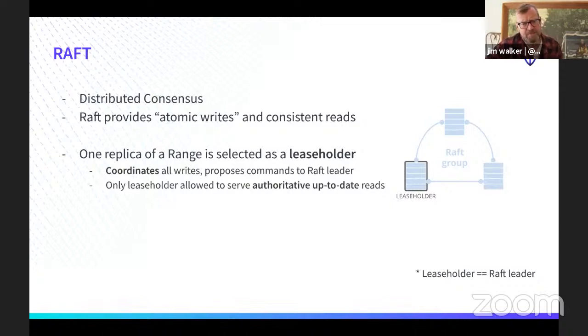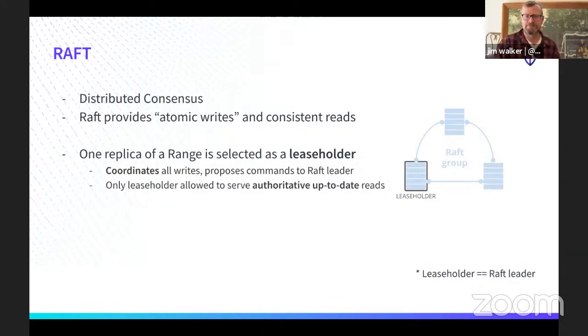In Raft, what we think of is a Raft group, and one replica of a range is selected as a leaseholder. On the chart here, we have the blue range. We're writing data in triplicate, so there are 3 copies. Our Raft group's replication factor is 3. One of those copies is more important than the others. It's the leaseholder.